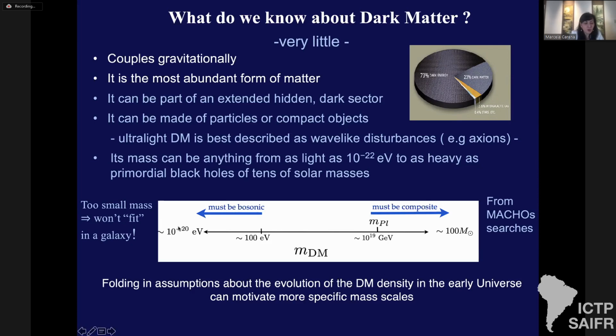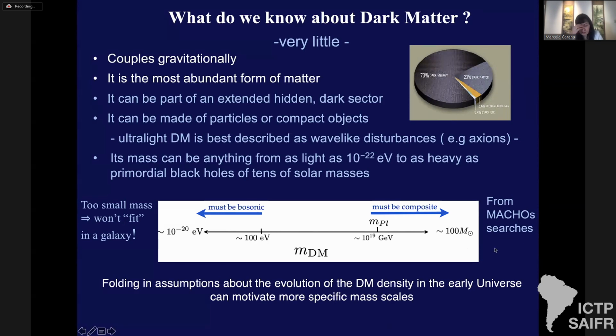The lower mass limit comes from the requirement that dark matter particles have a sufficiently short de Broglie wavelength to form dwarf galaxies or galactic subhalos.